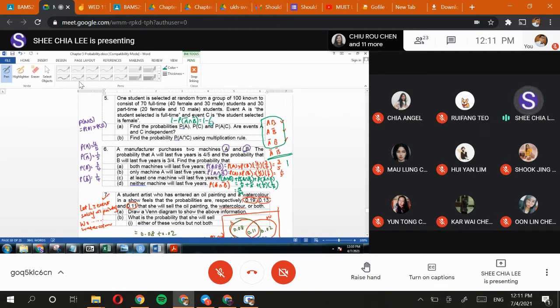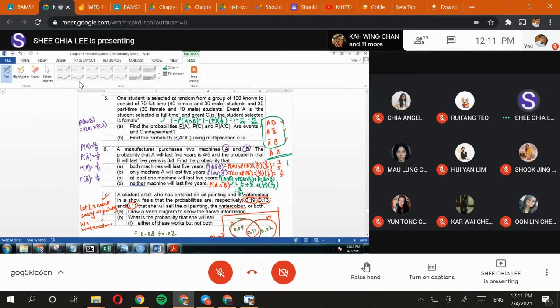So A doesn't last is 1 over 5, B doesn't last is 1 over 4. So 1 minus 1 over 20, I get 19 over 20 also. Can see or not? Same answer. So if you do it this way or this way, also you can get full marks.